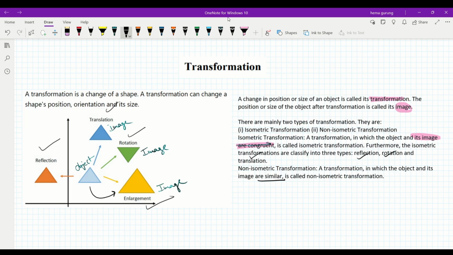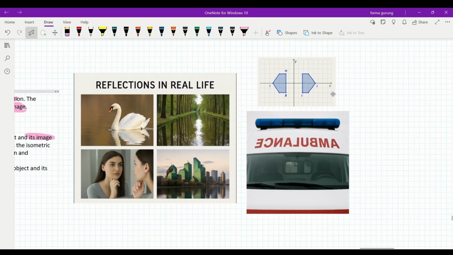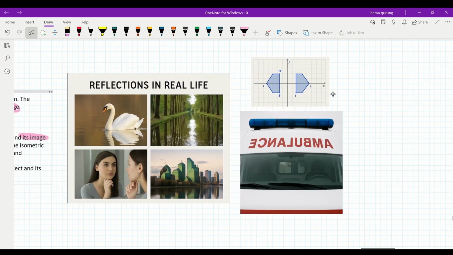Before we go ahead, we'll see some real life examples that happen around us every day. You can see the figure. In the first figure, you see the swan on the lake, and then the tree reflected on still water, and even your face in the mirror. They all are real life reflections happening around us every day.